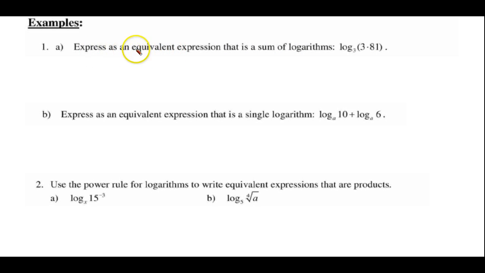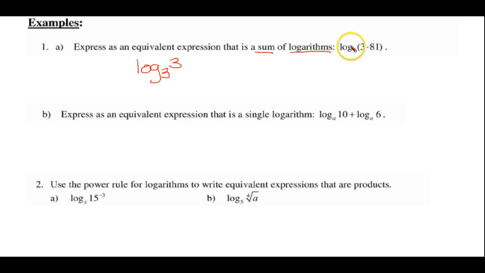So express as an equivalent expression that is the sum of logarithms. Okay, so there's what you have. So we're going to write it log of base 3. That part stays the same. And then we're going to have this 3 here.